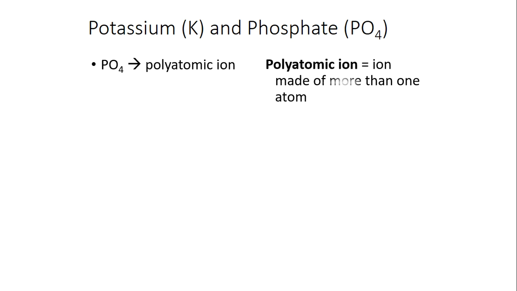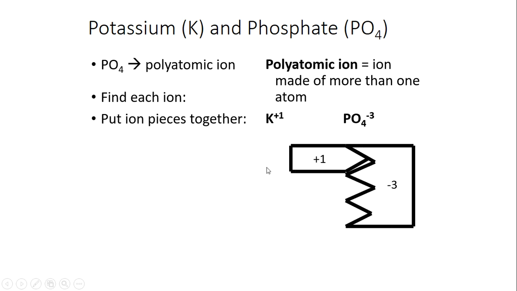So if we have something like potassium phosphate, you know from your periodic table placement that potassium has a +1 charge. Phosphate, you will know from that list, has a -3 charge. Just like before, like if we had potassium nitride, where nitrogen had a -3 charge, potassium phosphate needs to cancel out the charge.